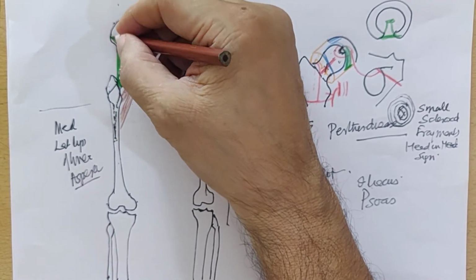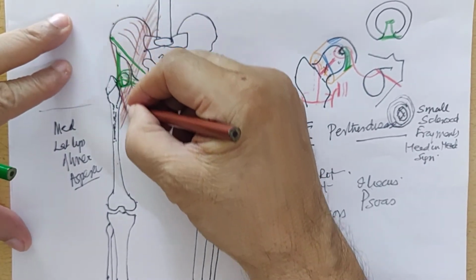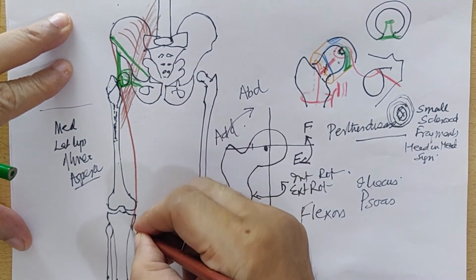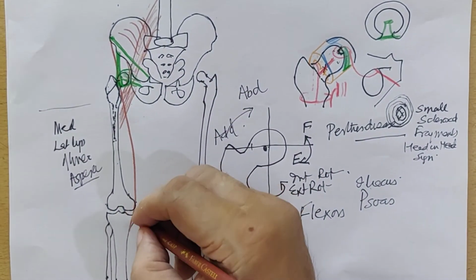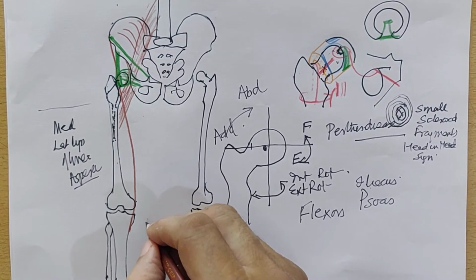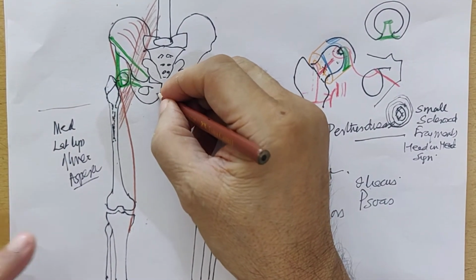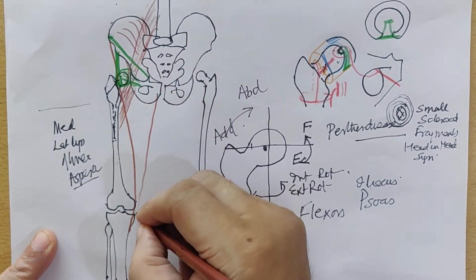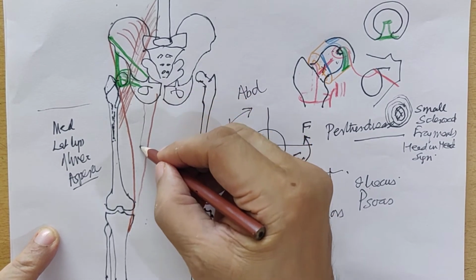Then there is the sartorius, which arises from the anterior superior iliac spine, spirals round the femur and gets attached as "sar-dar, gi-rl between two sardars." So the gracilis is in the middle, coming from here, and semitendinosus from the ischial tuberosity.